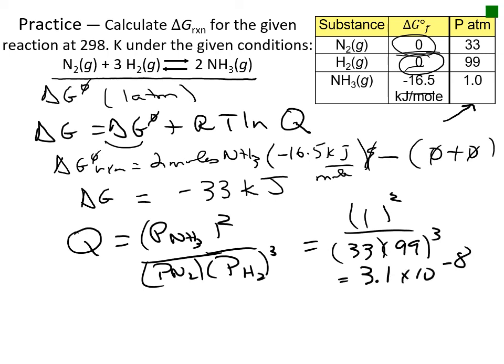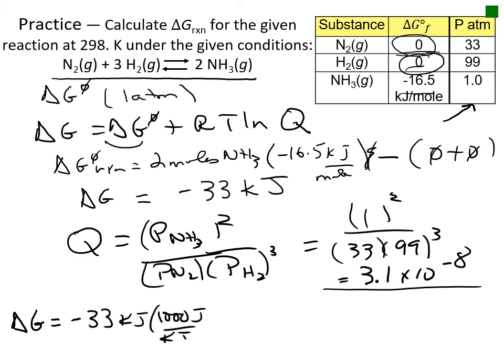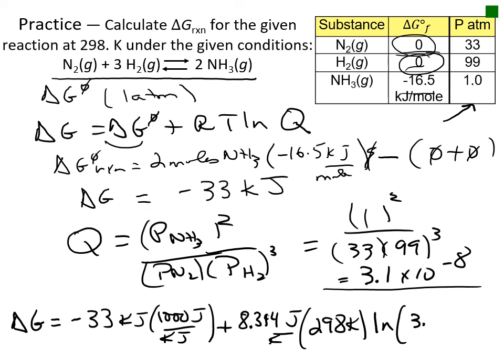So if we plug all of this in, we're going to get that the change in Gibbs free energy for this reaction off of standard state is going to equal minus 33 kilojoules, there's 1,000 joules per kilojoule, plus 8.314 joules per mole K, again ignoring the mole, multiplied by 298 Kelvin times the natural log of the Q value, our reaction quotient of 3.1 times 10 to the minus 8.